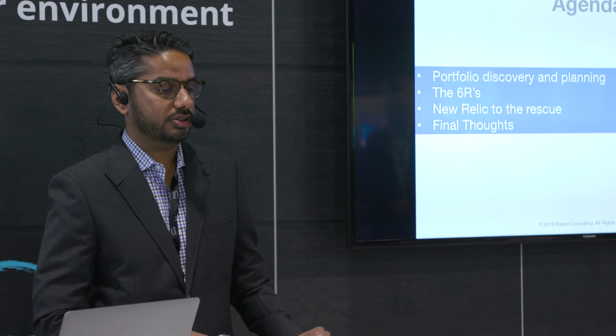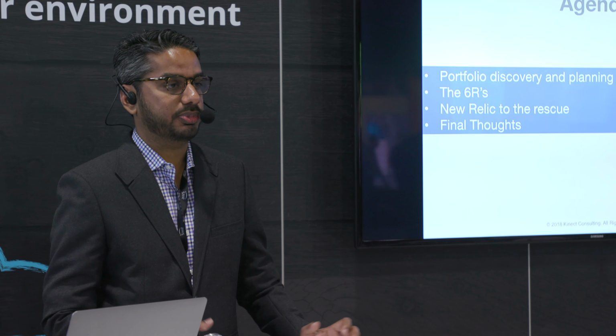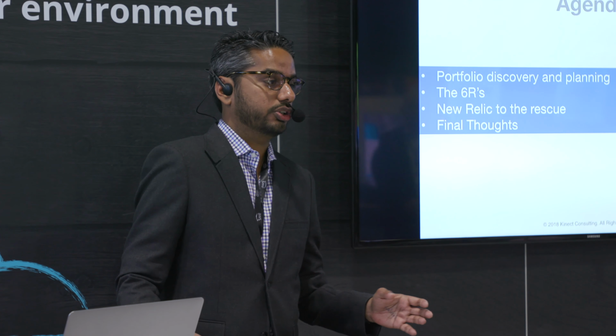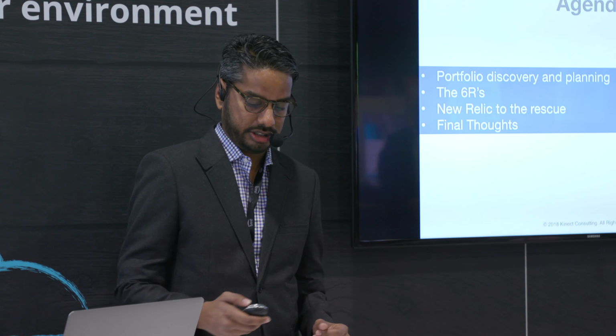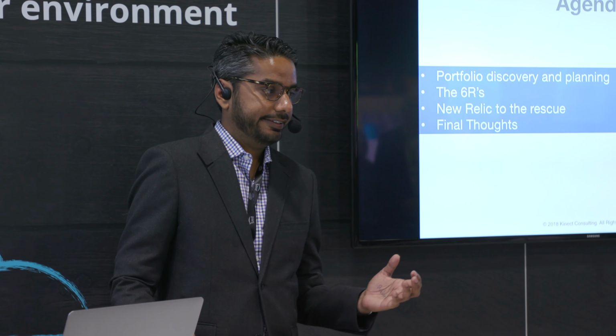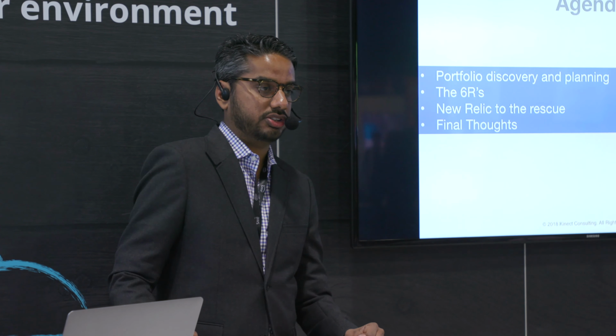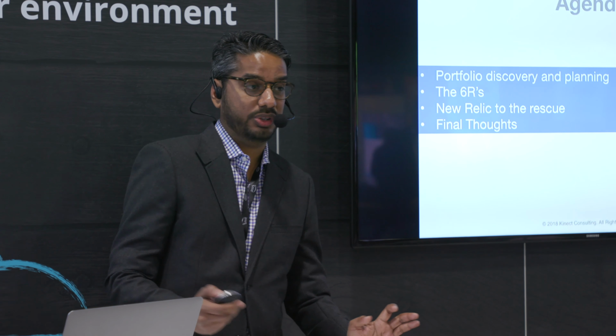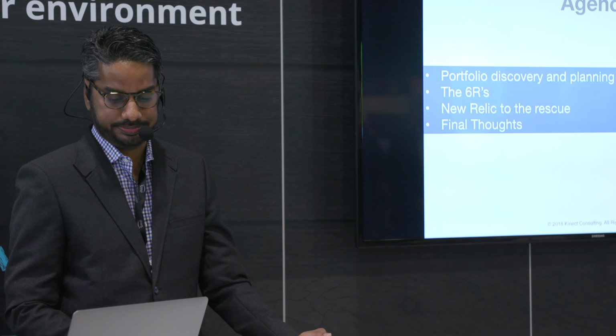It helped tremendously in simplifying cloud migration projects and figuring out what needs to be done to move certain applications. The problem is, how do you pick which one of the 6Rs you want to migrate to? And this is where New Relic comes in very helpful.